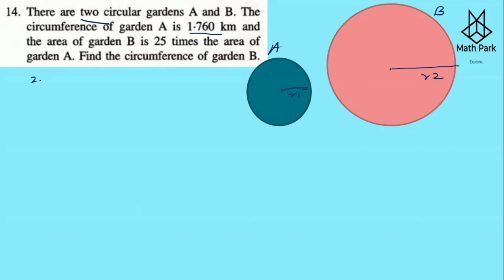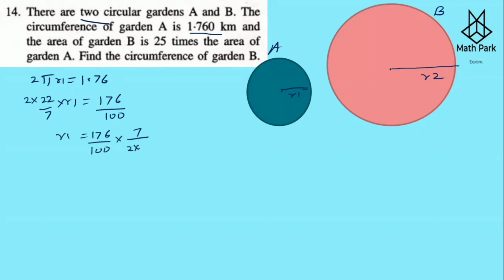So we have 2 pi R1 is equal to 1.76 kilometers. This 0 I need not write. Let us first find the radius. So 2 times 22 by 7 into R1 is 176 by 100. So you get R1 is equal to 176 by 100 times 7 upon 2 into 22.